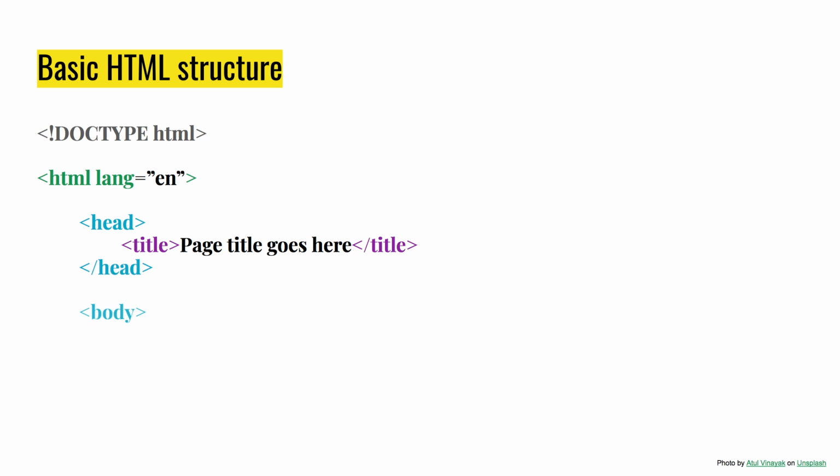You're going to have an opening body tag, and inside the body, you're going to have HTML elements with content that's going to display on your browser and show what your website is all about. Then you're going to close that body tag, and then we're going to close the whole thing with the HTML closing tag.